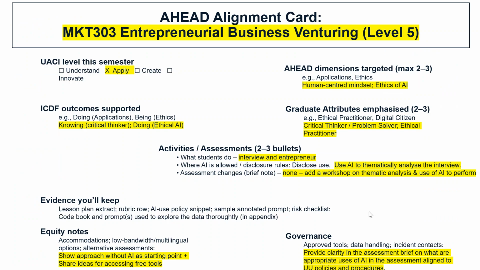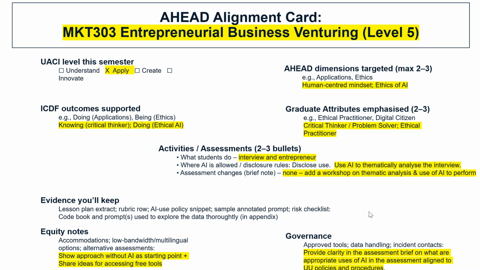So what does that look like? Let's take the module MKT 303, Entrepreneurial Business Venturing. We're in the apply stage. This is a level 5 module. And there's an opportunity to explore the assessment they do through thematic analysis of the interview. And we can add a workshop on thematic analysis and use of AI to perform that analysis, and where it's good and where maybe it needs our oversight and where it's important that we're the human in the loop.